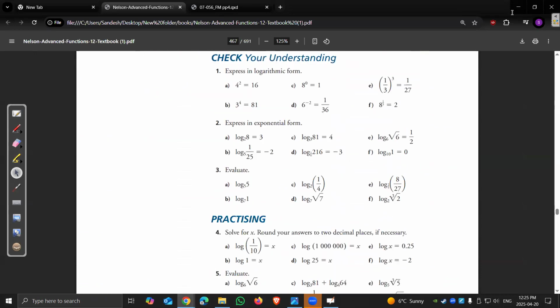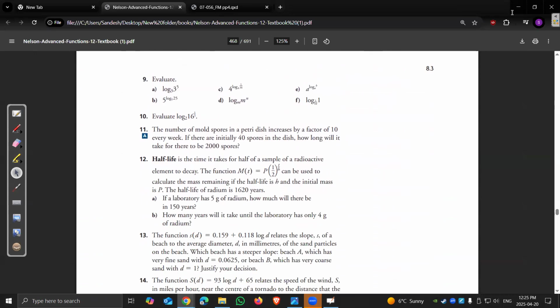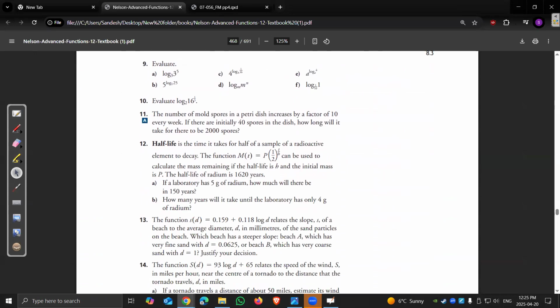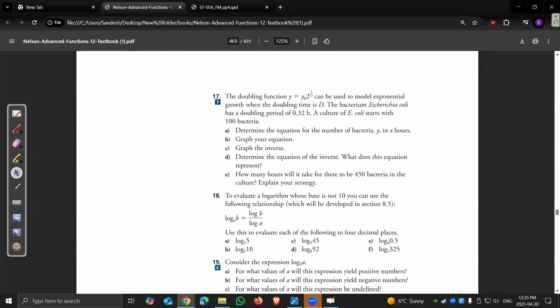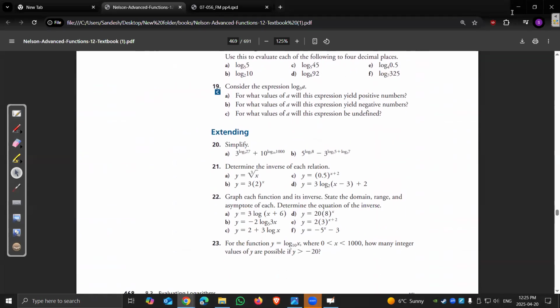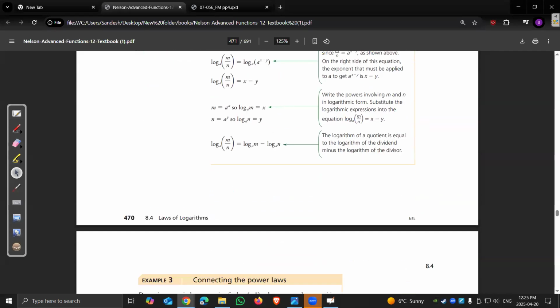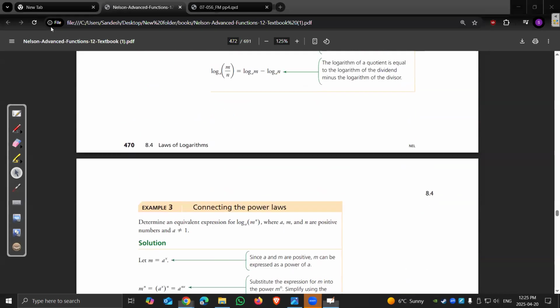Yeah, let's see what else we can do. Once you understand that, the main idea behind logarithms is solving exponential equations. To do that, you need to understand the laws of logs, all right?